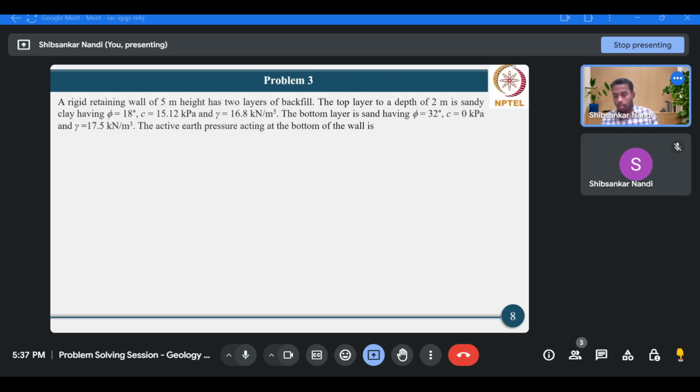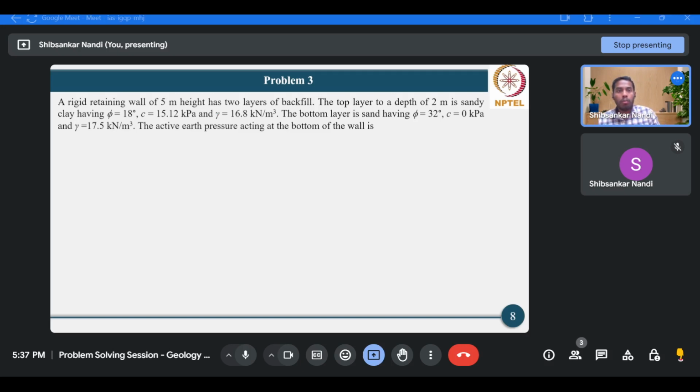However, in the present problem, as mentioned, this rigid retaining wall, which has a height of 5 meter, has two layers of backfill. Now we'll see what the properties of this backfill are.